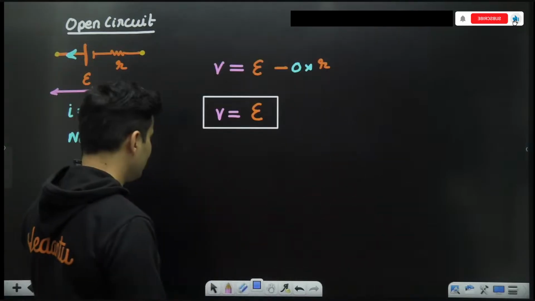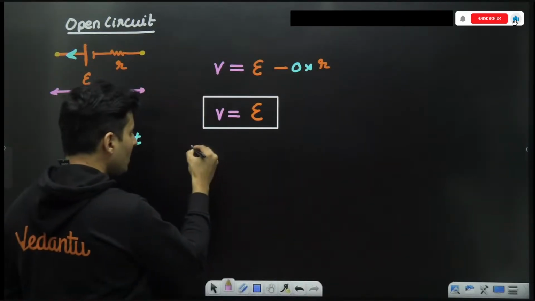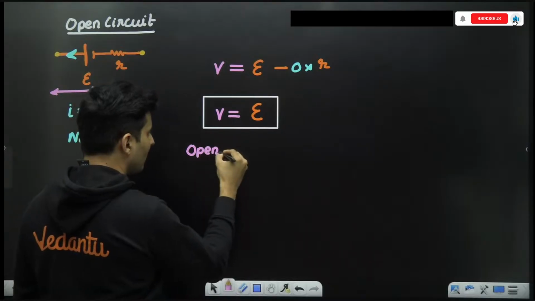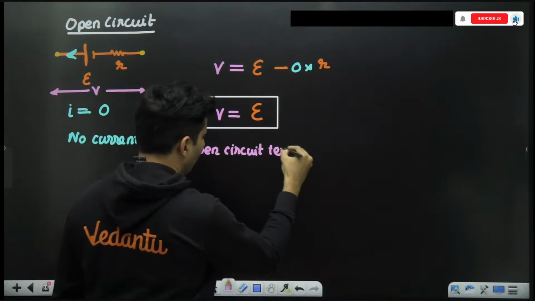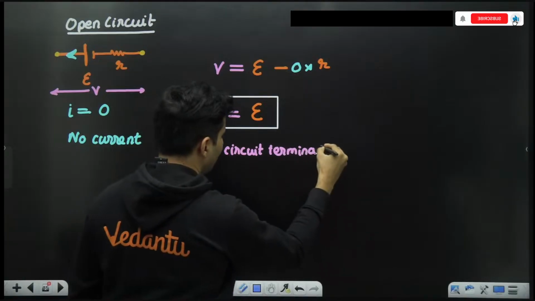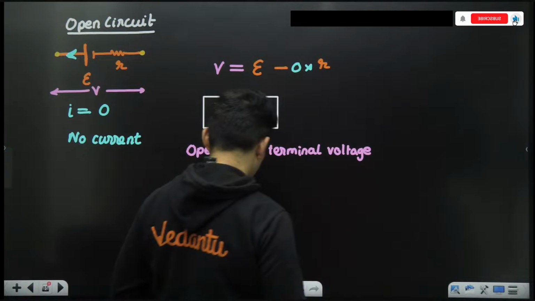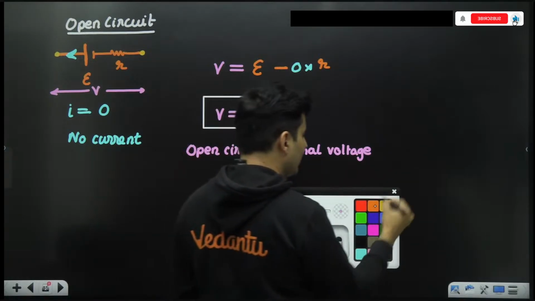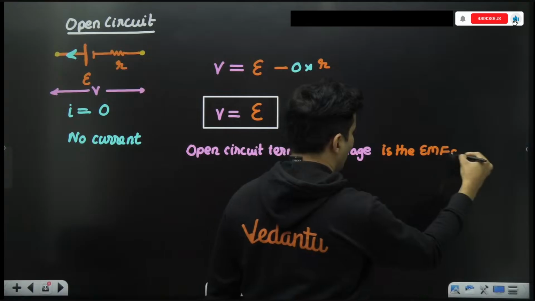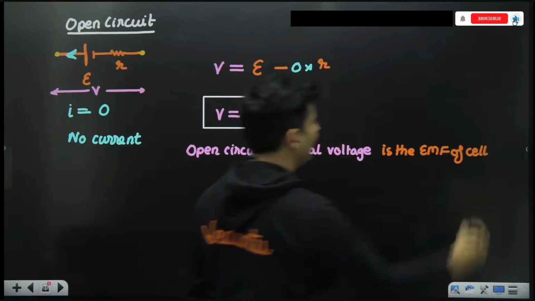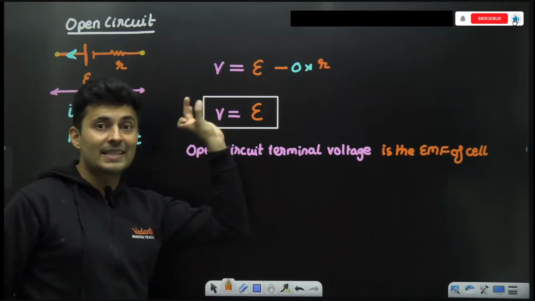So what it means is, when the circuit is open, then the open circuit terminal voltage, if there is no current flowing, is the EMF of the cell. Very, very important. If the circuit is open, the voltage you measure is exactly the EMF.